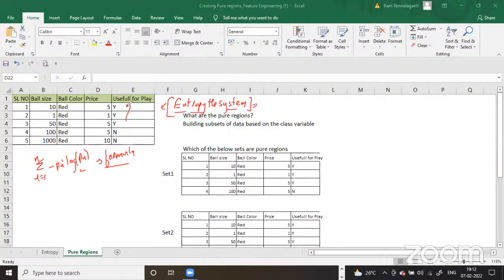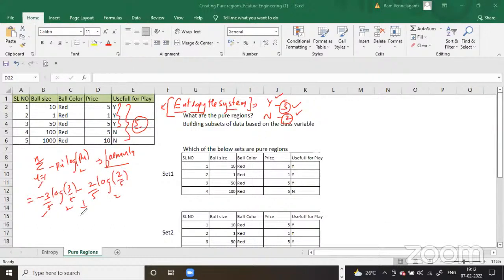How many observations do you have? Totally 5 observations. Out of these 5 observations, how many belong to the yes category? 3. How many belong to the no category? You have 2. So apply this formula: minus 3 by 5 into log 3 by 5 to the base 2, since 3 out of 5 observations belong to the yes category, minus 2 by 5 into log 2 by 5 to the base 2.